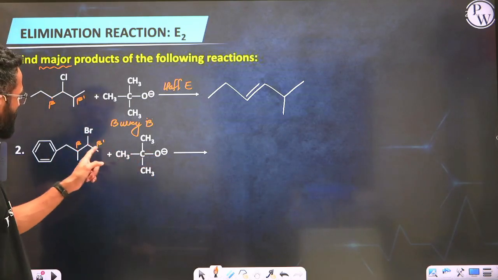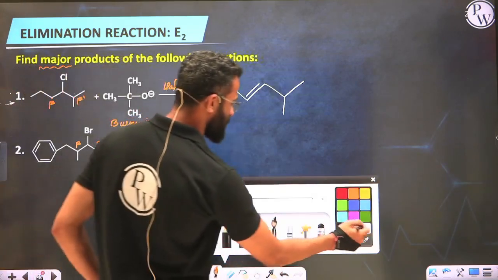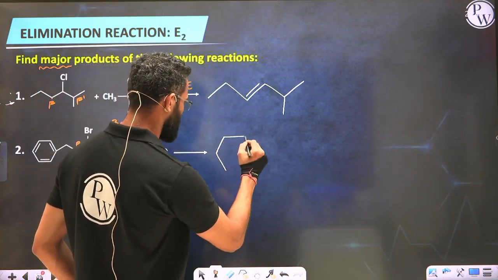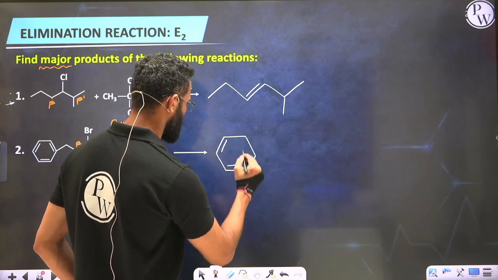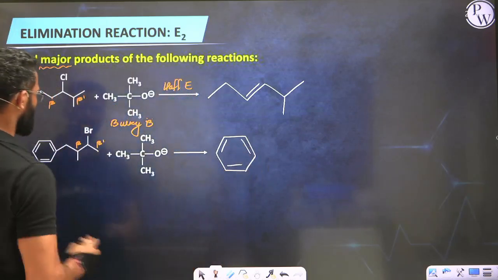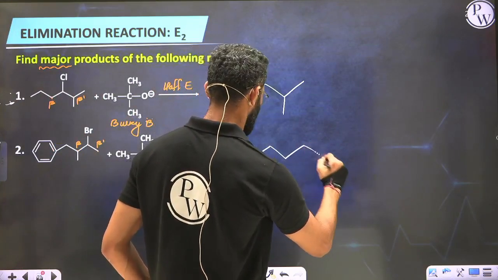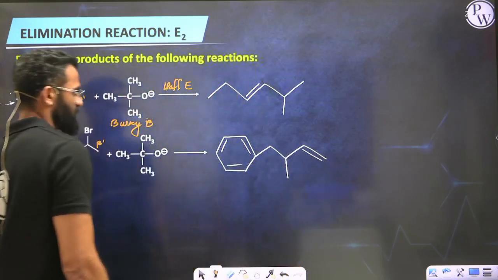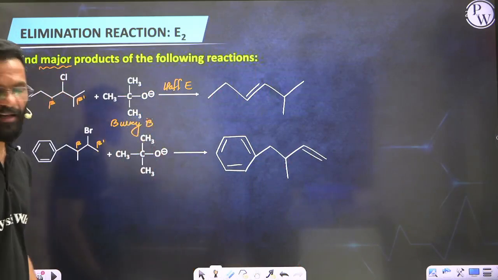So the base will prefer to abstract hydrogen from beta dash. So the product obtained would be, and then we'll get a double bond formation here. So these are the major products obtained by Hofmann elimination.